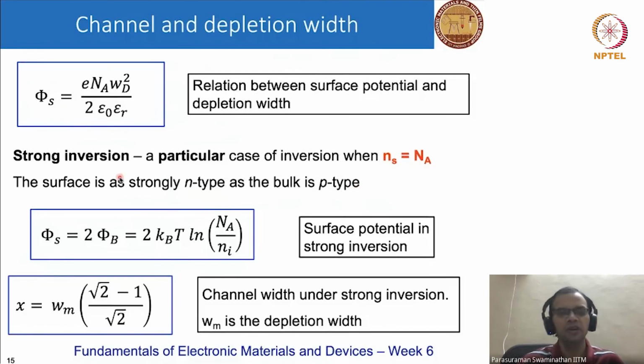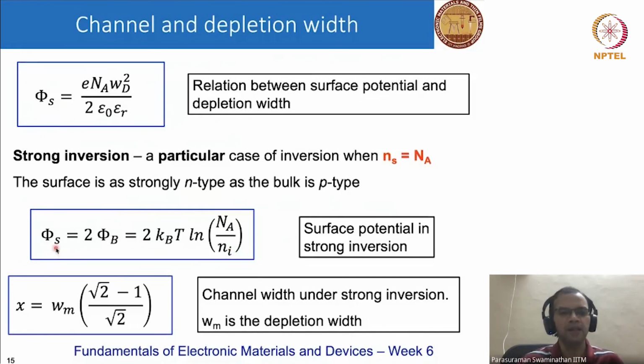So when this strong inversion happens, the surface potential is 2 times the bulk potential, which is equal to 2 kT ln of Na, which is the acceptor concentration, divided by Ni.